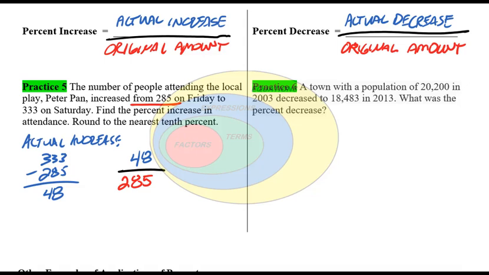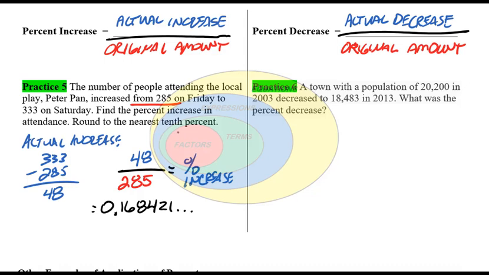Now I just want to convert this to a percent. If I put this in the calculator, I get 0.1684 21, and then a bunch of other numbers.